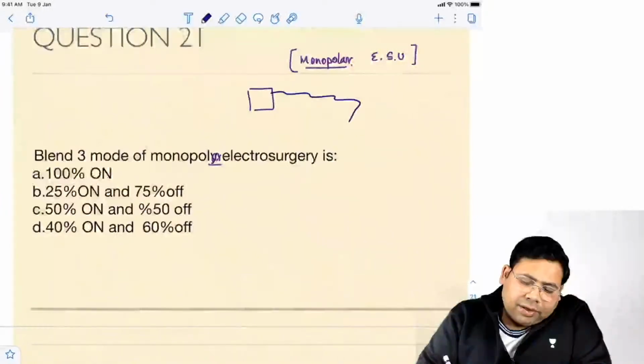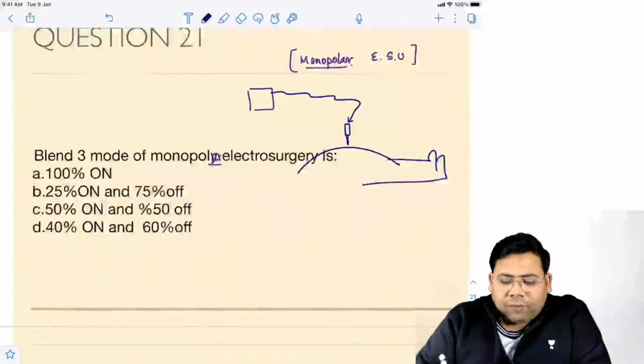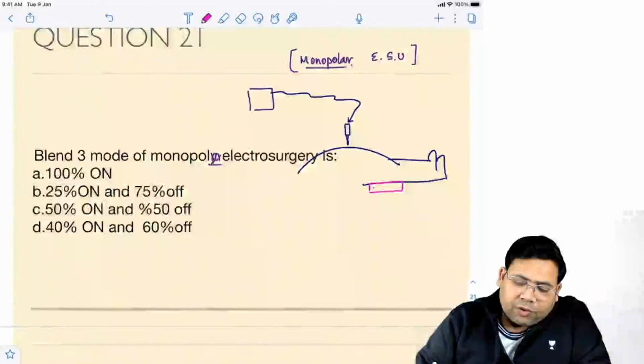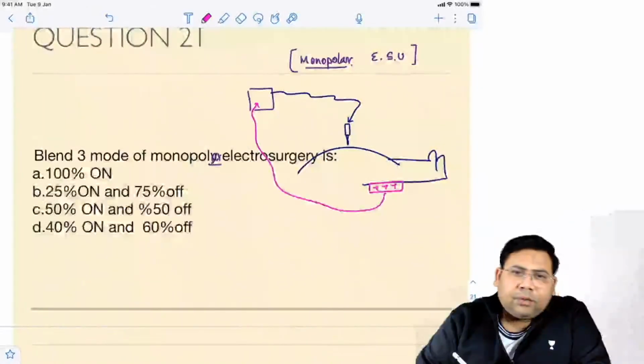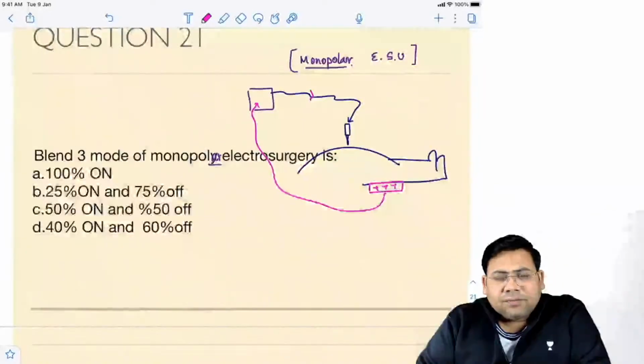The current is going to flow into the body. This is the surgeon's electrode, and then it is going into the body, and from the body you attach a patient plate. And this patient plate is quickly going to gather the current and return it back to the machine. So bache, one electrode is in the hand of the surgeon and one electrode is attached to the body of the patient.